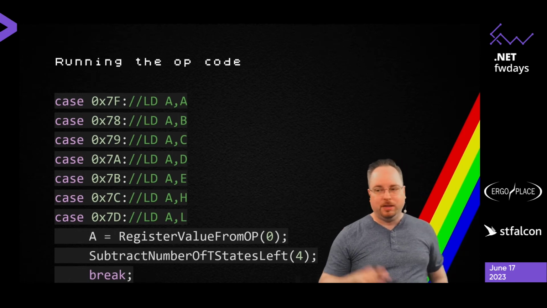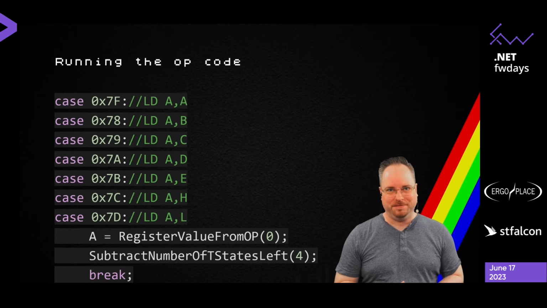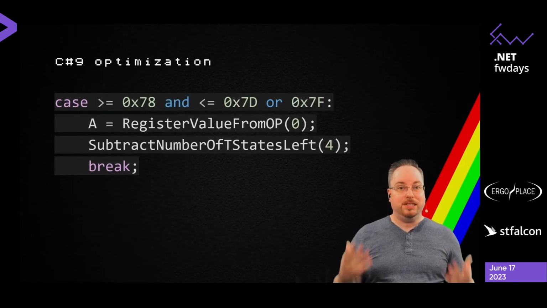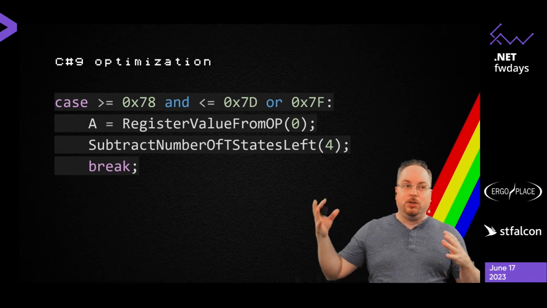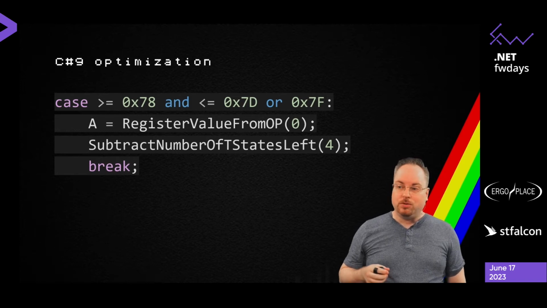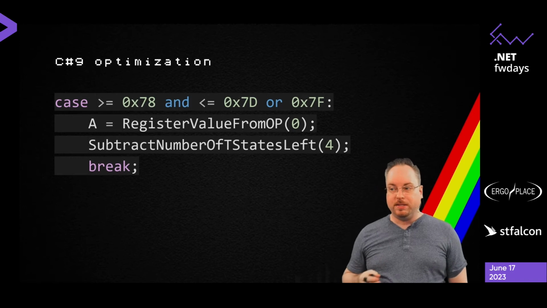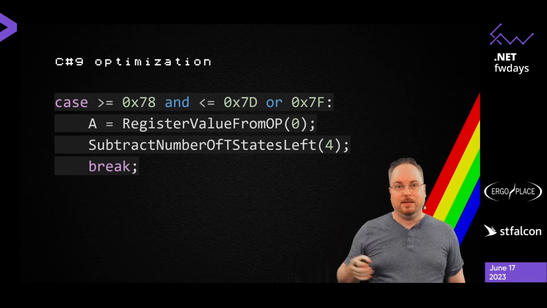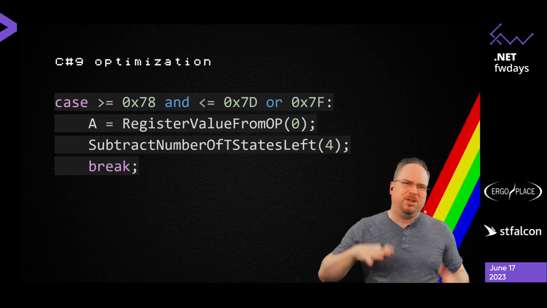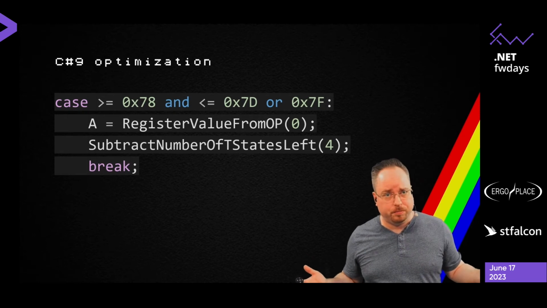Now, this was what it looked like until I wrote this presentation. Now, I used C# 9 to use these kinds of statements instead. So I'm going to be able to say that if it's equal or larger than 78 or less or equal to 7D or 7F. The tricky part is that 7E is something completely different.